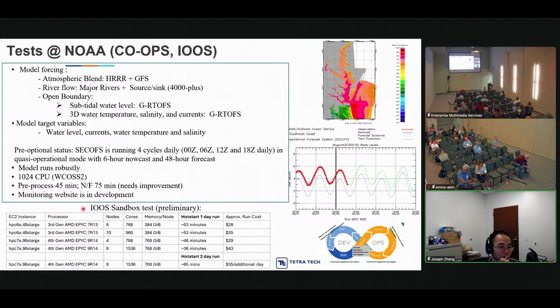Independently, we're also working with the IU's group to test this CCOFS inside the sandbox. The idea is to speed up the research to operation, so that all parties have access to the same platform and we can test collaboratively.